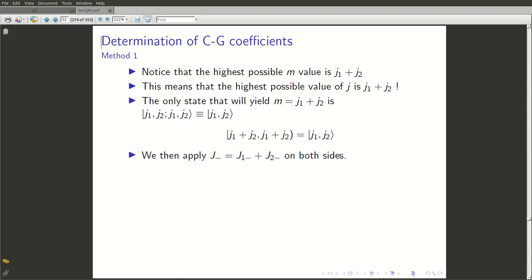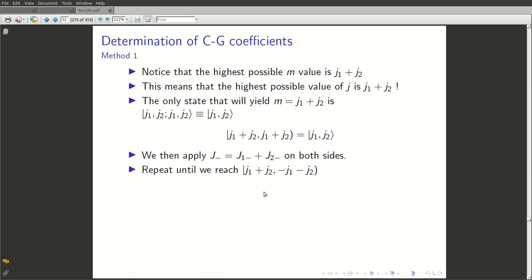So we apply this on both sides, and what happens? This keeps on reducing the Jz eigenvalue, and we keep doing this until we reach minus J1 minus J2, which is the lowest possible eigenvalue for Jz, given J square has eigenvalue J1 plus J2. Any attempt to lower this any further by hitting J minus will make the ket vanish.